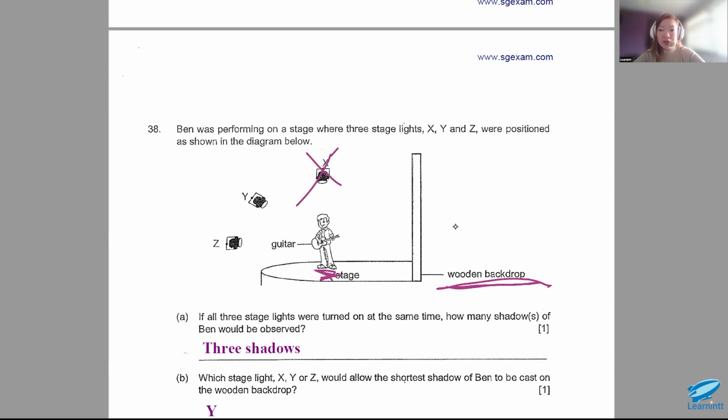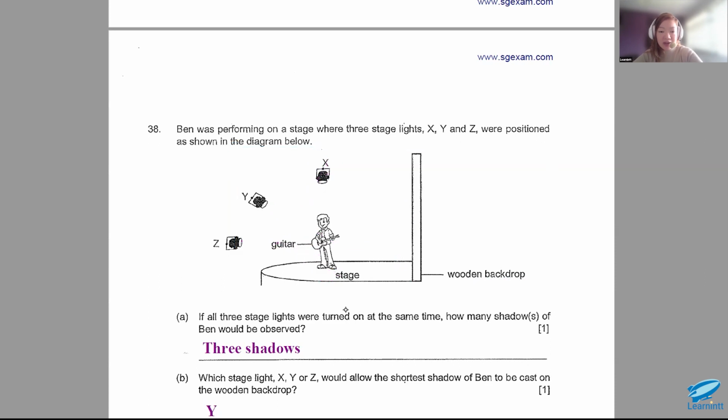Okay, I'm going to go with Z first to illustrate something. So it shines here, right? And because he is quite tall, the shadow is going to be like this. Then for Y, I only see a bit of him, so the shadow is going to be a bit here. Let me try again.